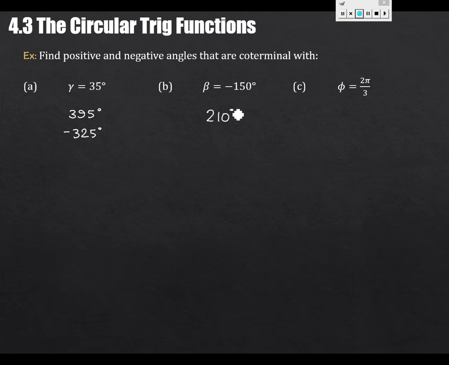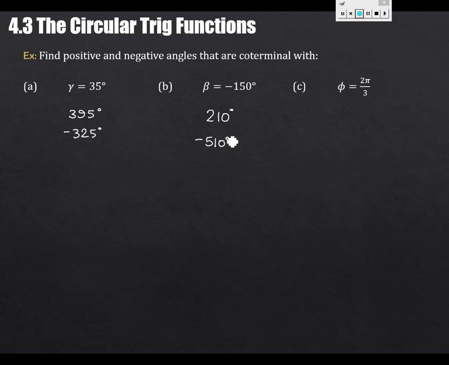Yeah, give another negative angle maybe. What is it? Negative 510? Okay, you guys agree with those?